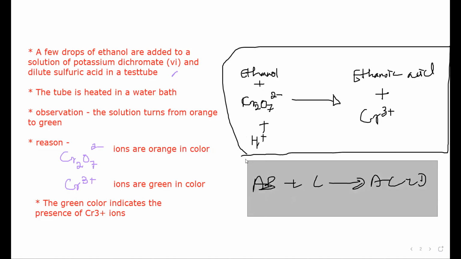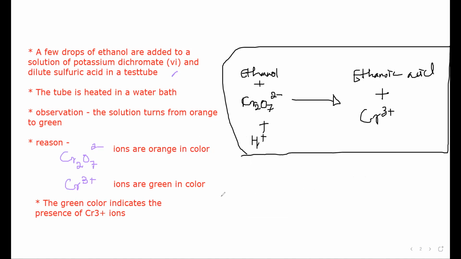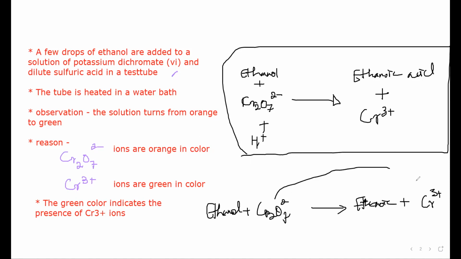Okay, let me just write this down. Ethanol plus Cr2O72- gives ethanoic acid plus Cr3+. So this is reduction and this is oxidation.